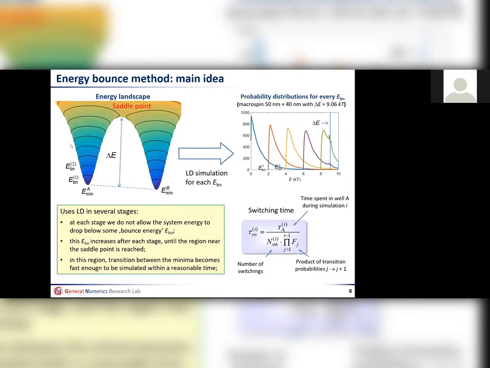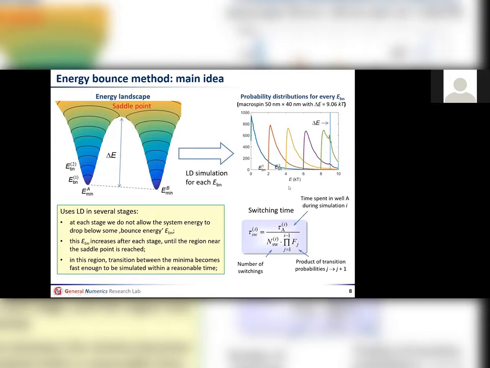And at each stage, you do not allow your system to go below a certain energy level. So you just reject any attempt of the Langevin dynamics trajectory to go below a certain energy. This way, you get energy histograms like this. So these are Bohn's energies.